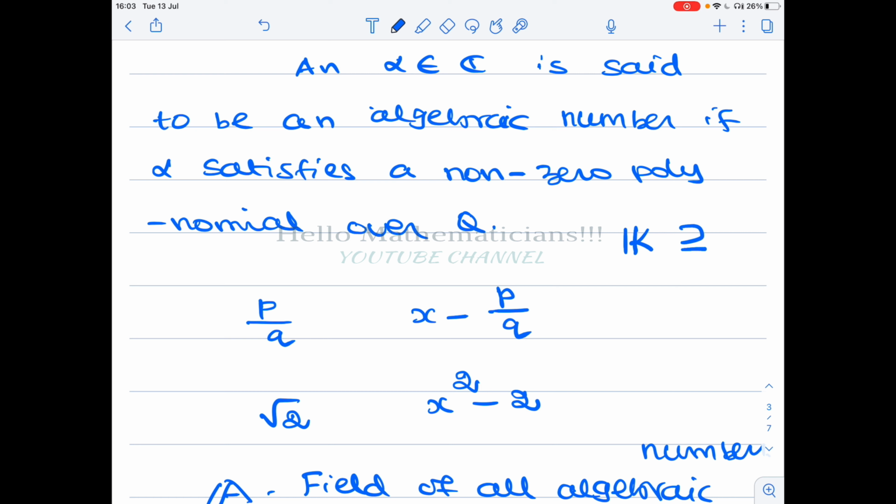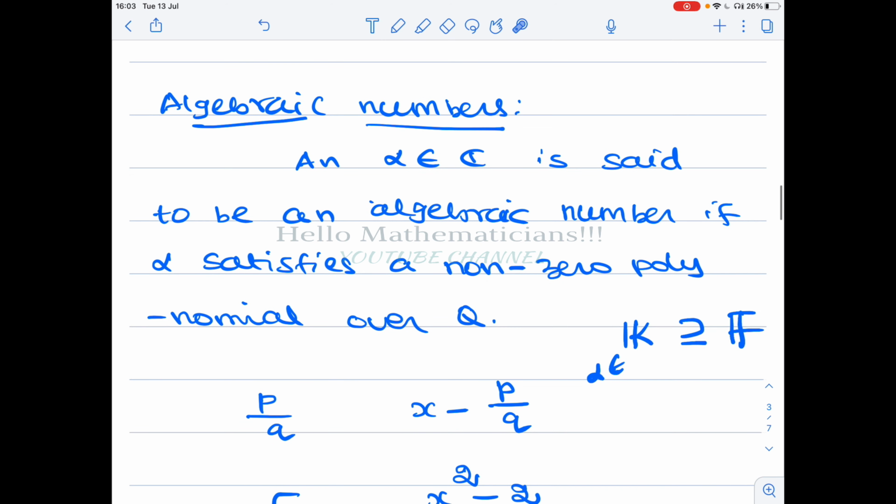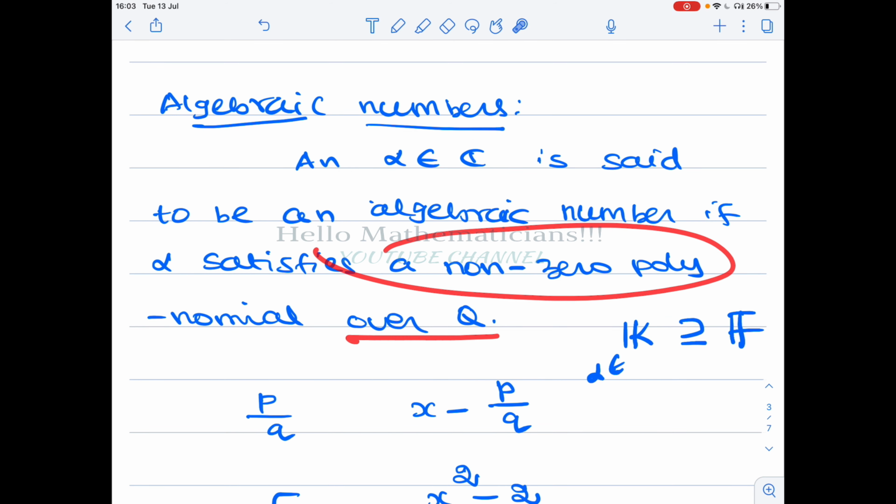Suppose K is a field which contains another field F, then we say K is a field extension of F, and you take alpha belonging to K. This alpha is said to be algebraic over the smaller field F if alpha satisfies a non-zero polynomial over F. An algebraic number particularly means a complex number satisfying a non-zero polynomial over Q.